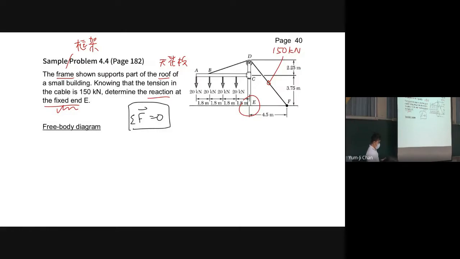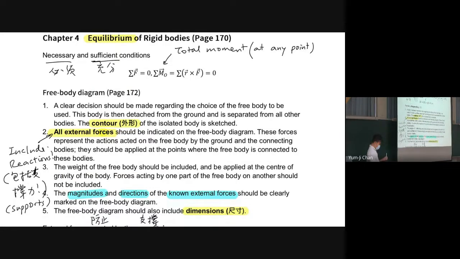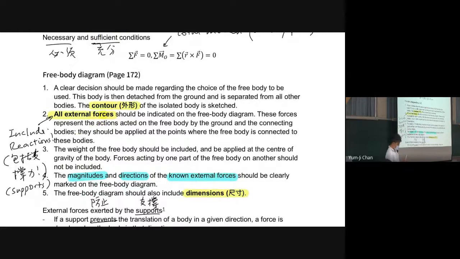What are the key points in the free body diagram? Let me take a quick look on page 36. In the free body diagram we have three things: contour, external forces, and dimensions.